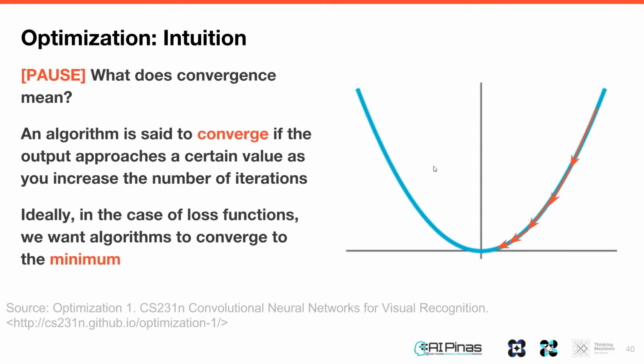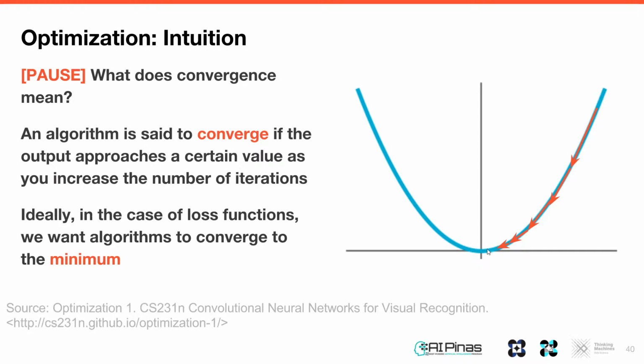So what does convergence mean? An algorithm converges if the output approaches a certain value no matter how many steps you iterate on. So here, imagine that we're looking at our bowl from the side. It takes a step, takes a step, takes steps, but with each step the distance is a little bit smaller, and eventually, no matter how many additional steps you take, you're not going to move beyond this point.